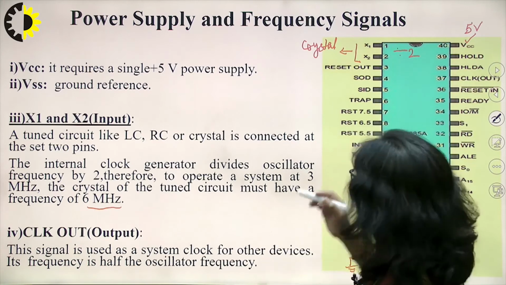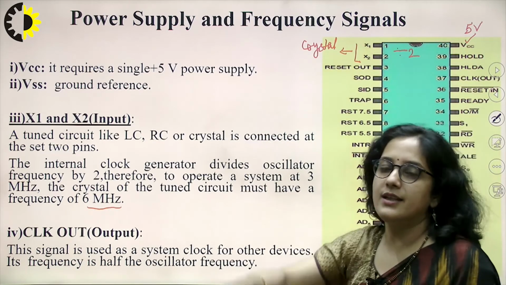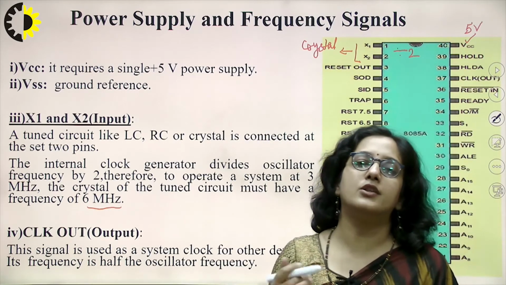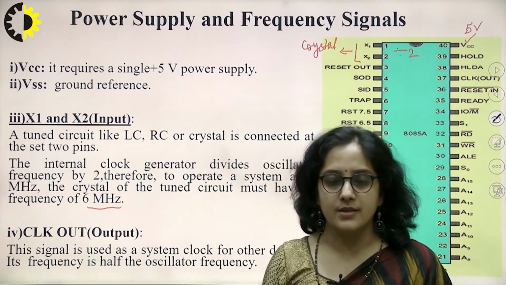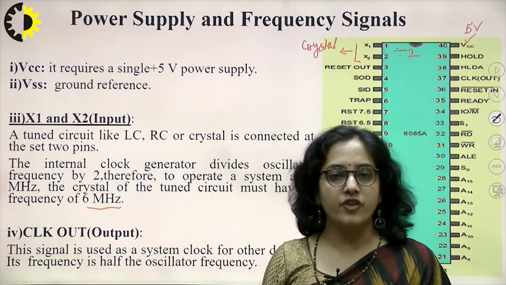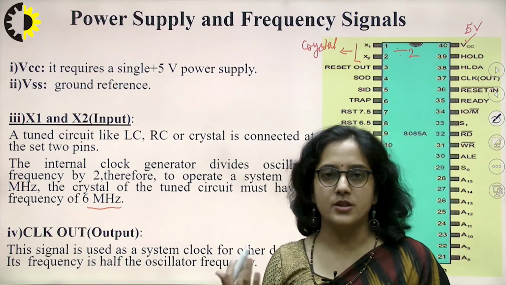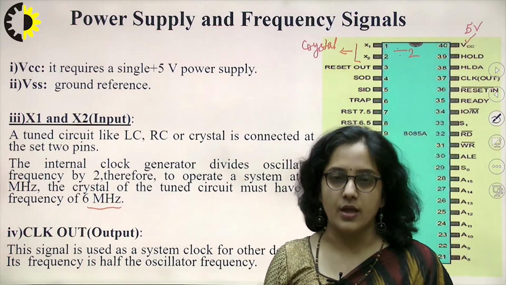If I connect a crystal of 3 megahertz, it will divide that by 2 and we get 1.5 megahertz, which is sufficient to run the 8085 microprocessor.